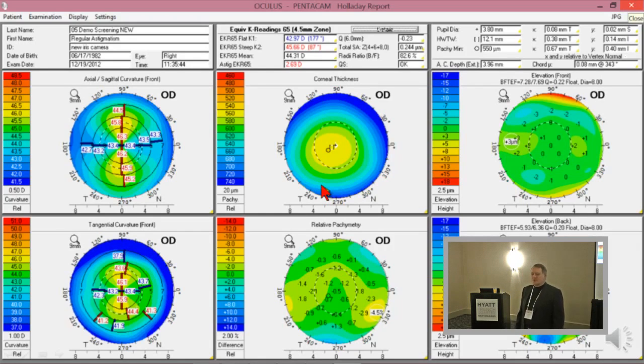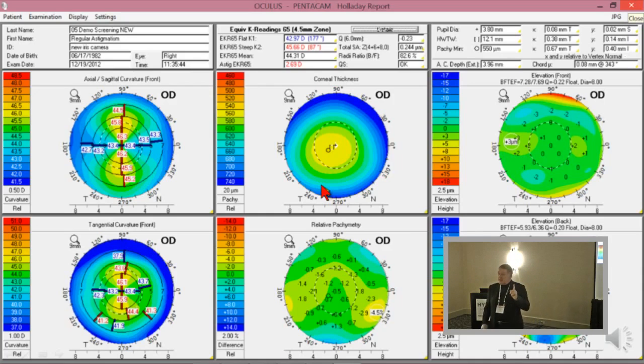All right, so let me ask you a question. If we were trying to correlate the keratometric reading with a ring with a zone on a Scheimpflug, and let's just do it backwards. Let's say I took a 4.5 millimeter zone, okay?